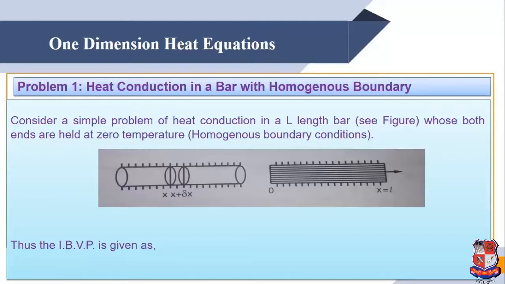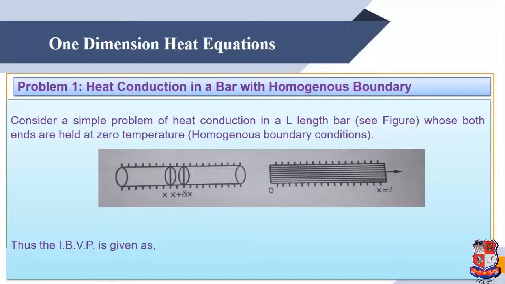So first we discuss problem 1. Problem 1 is based on heat conduction in a bar with homogeneous boundary. In a one dimension heat equation, mainly 2 types of problem arise.